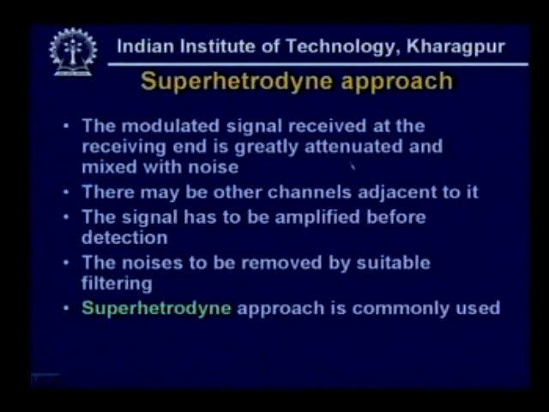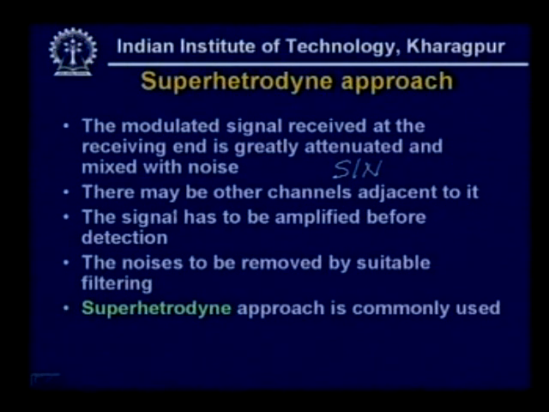Not only that, the atmosphere is always generating some noise when there is lightning, spark, and various other atmospheric disturbances. So, at the receiving end, the signal to noise ratio is very poor, and also the signal level is very low.